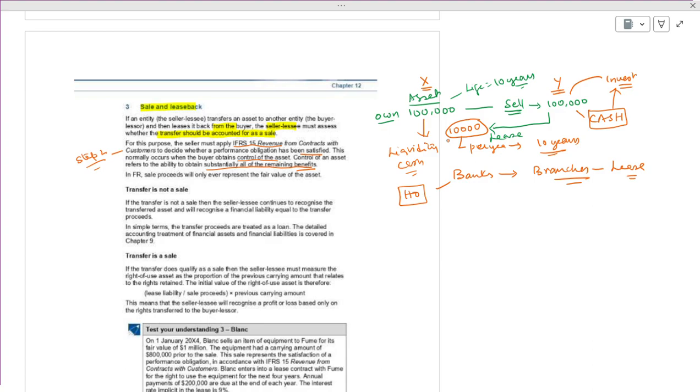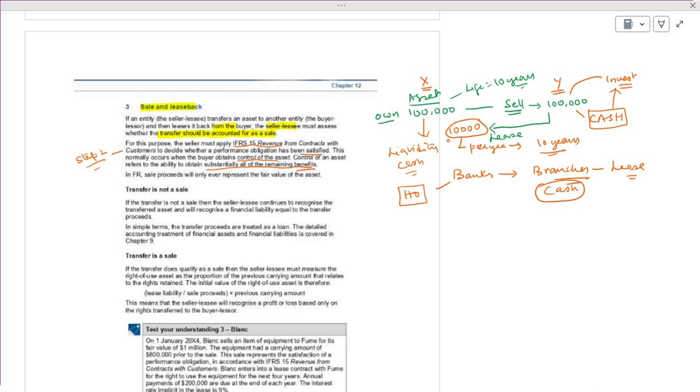it means they are making an investment. If they are making the investment, they are locking up the cash, so there will not be cash. Even if they have their own branches, they will sell them and take them on lease.